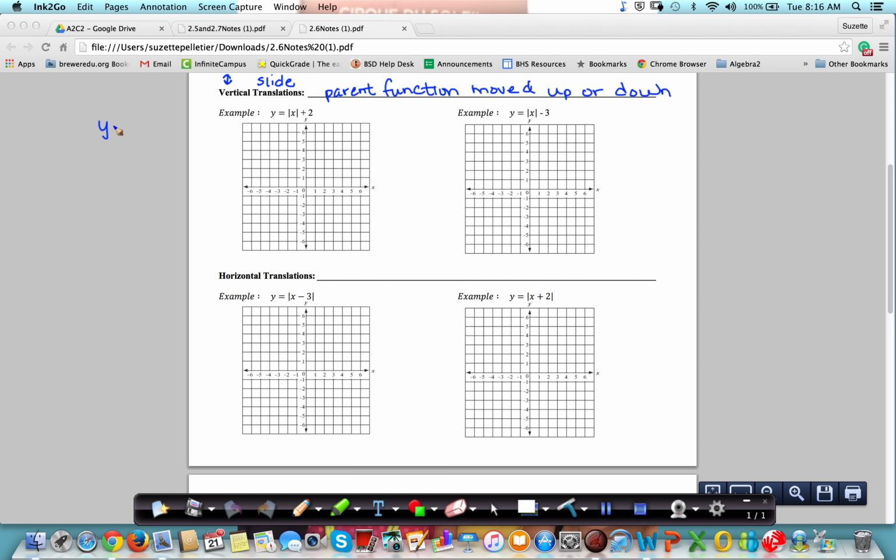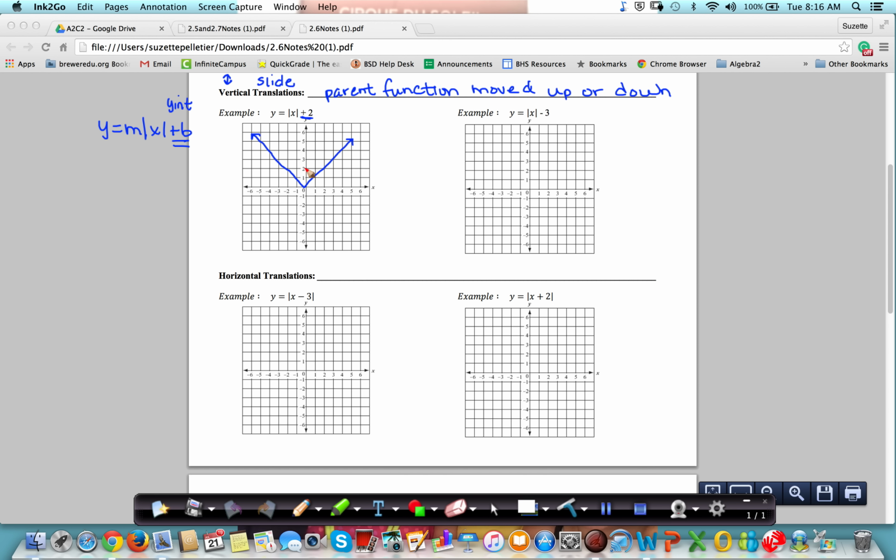So if you think about, again, y equals mx plus b, this tells you your y-intercept, right? And so if this says plus 2, that means I've taken this parent function, my absolute value parent function, and I've taken the whole thing and I've added 2. So for every point on the parent, and I'm going to put the parent on here, or try to. Okay, here's the parent. For every single one of these points on the parent, I've moved it up 2.